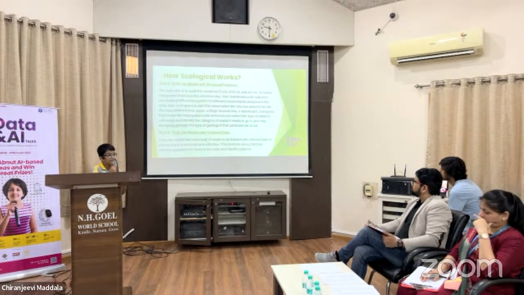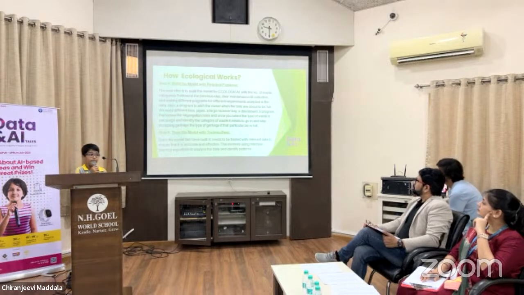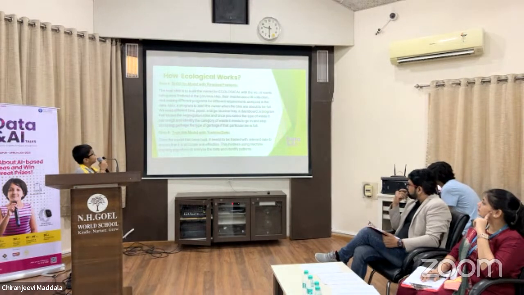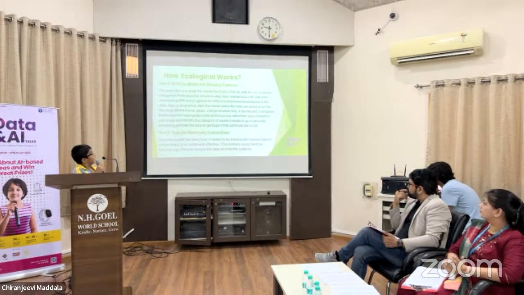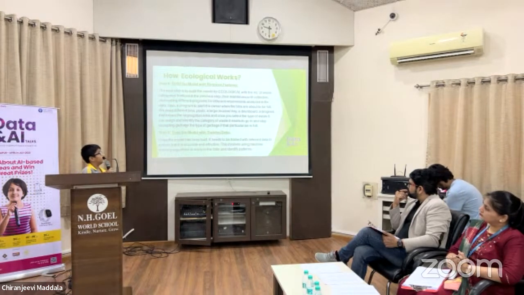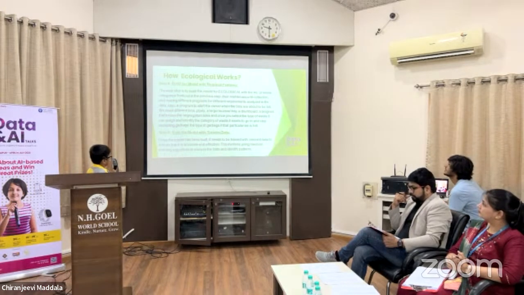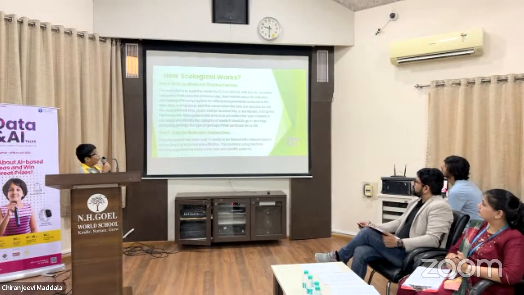Step 4. Build a model with required features. The next step is to build a model for Ecological based on the number of waste categories finalized in the previous step. This includes the maintenance, collection, and making different programs for different requirements analyzed in the data. Also, a program to alert the owner when the bins are full.